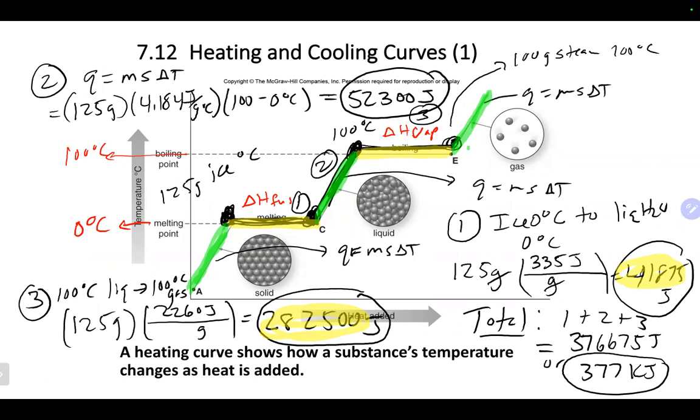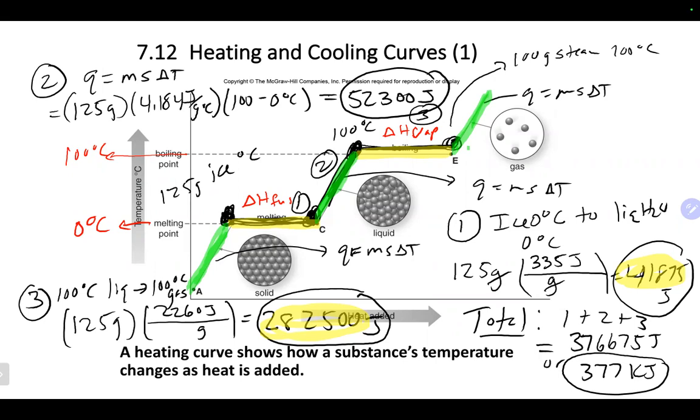What would be the only difference if I started at 100 degrees steam and went down to 0 degrees ice? What would change? If I went backwards, started with steam and removed all the energy to get the ice. Yeah, it would be exothermic, which means all these values here would be exactly the same, except that they would all be negative, right?